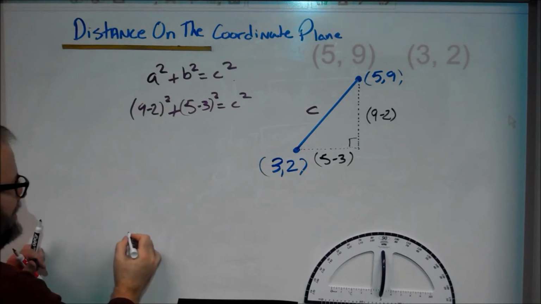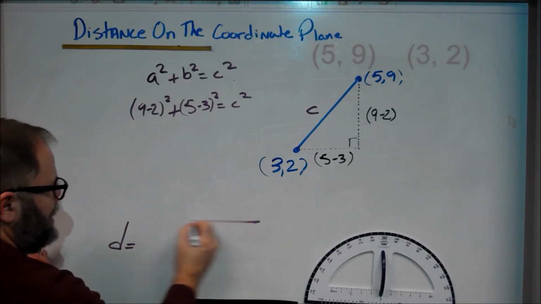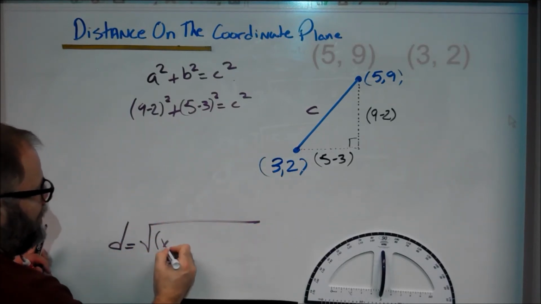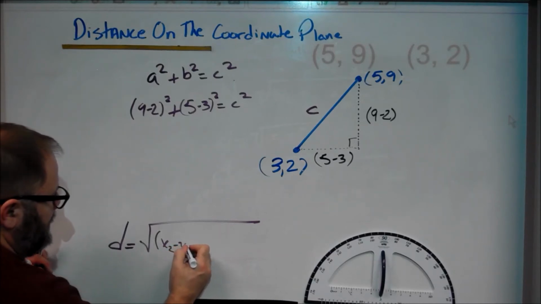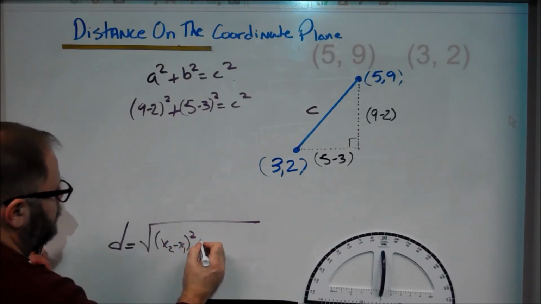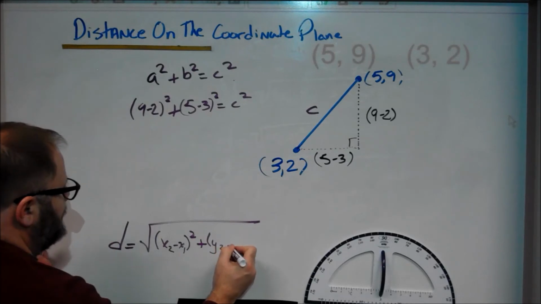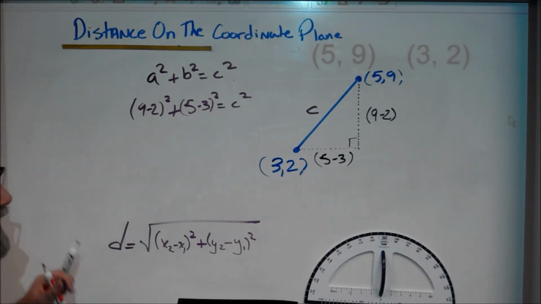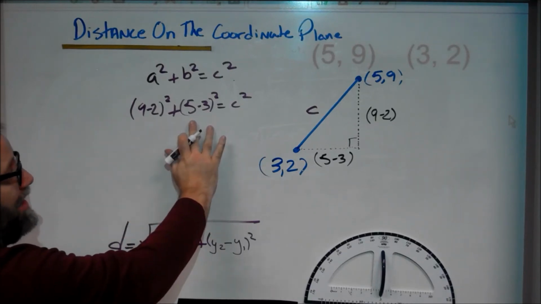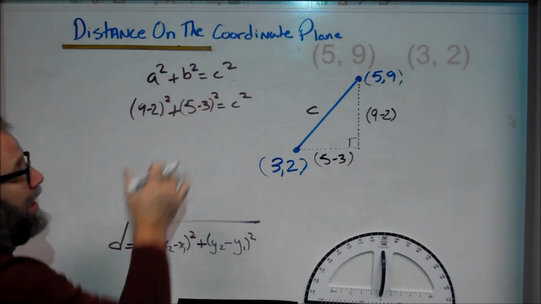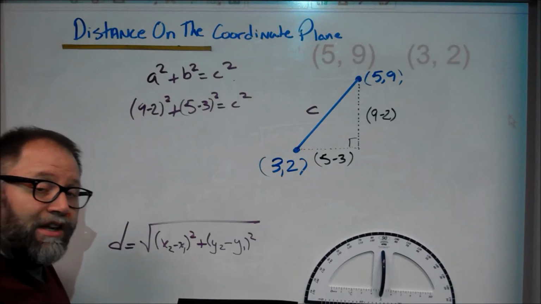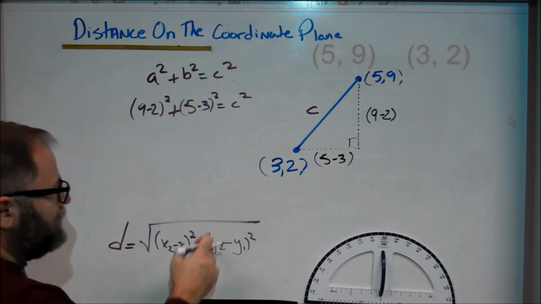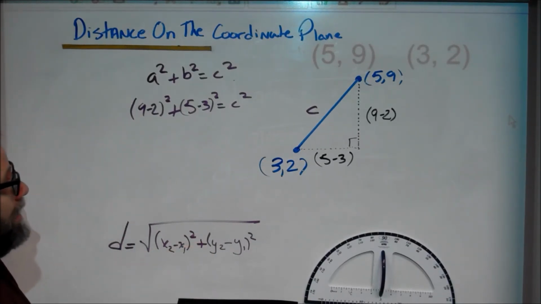The formula looks like this. I'm going to put it down here. D equals the square root of x sub 2 minus x sub 1 squared plus y sub 2 minus y sub 1 squared. Okay? Now we have those x's and y's here. We have them squared here. And the only thing that could throw us off is that radical. Where does that radical come in?